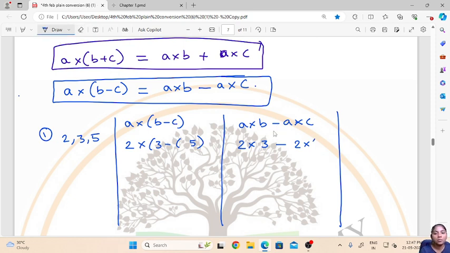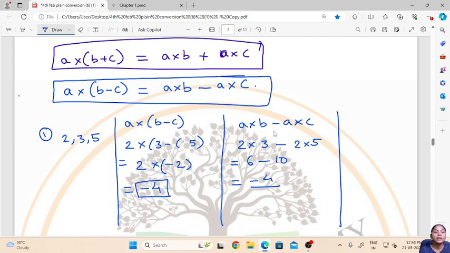Then we have 2 multiplied by 3 minus 5. We will get the answer as minus 2. So minus 2 into 2 is minus 4. Then in the second expression we have 3 2s are 6 minus 5 2s are 10. So 6 minus 10, the answer will be minus 4.